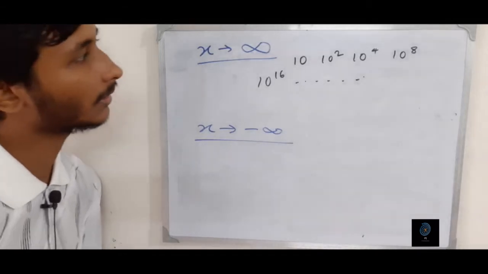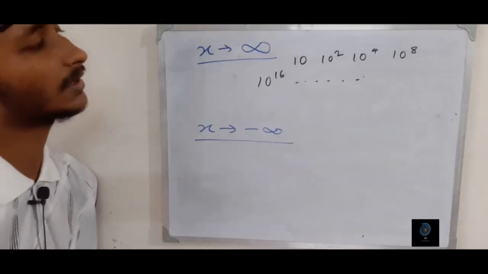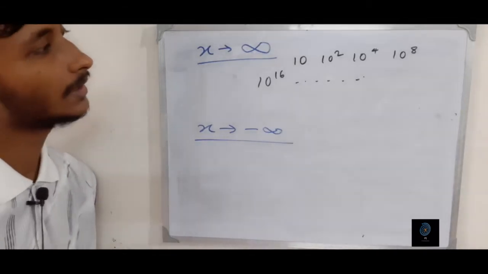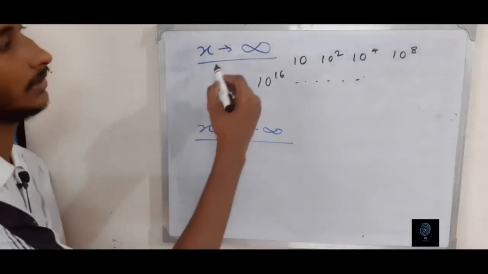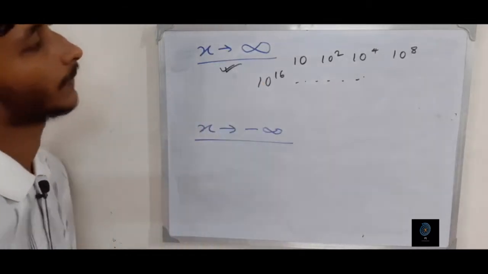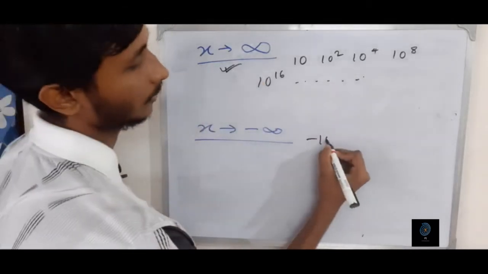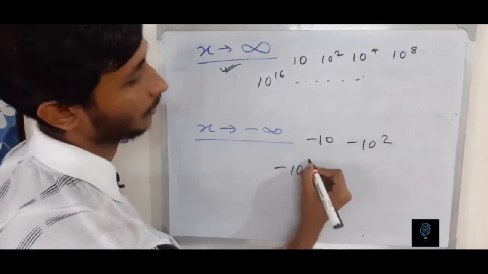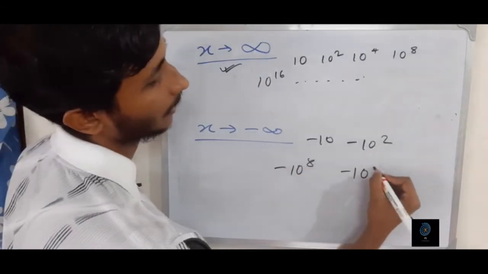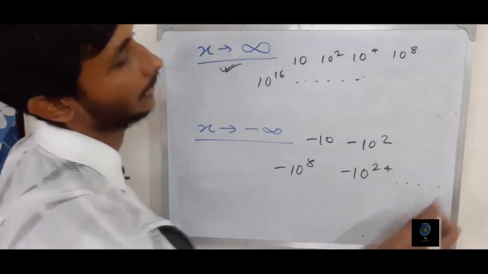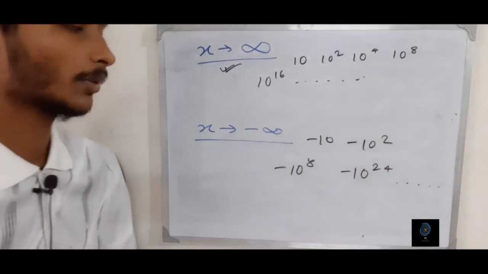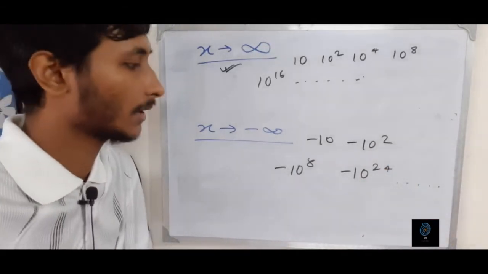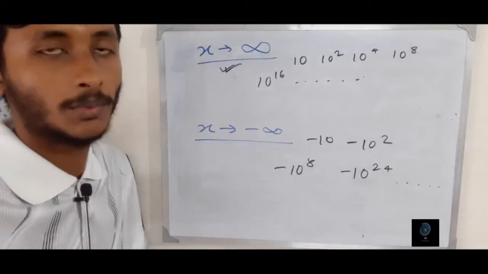So when x takes values larger than our imagination, or increases indefinitely, that is denoted by x tends to infinity. Similarly, if x takes values like -10, -10 square, -10 to the power 8, -10 to the power 24, and goes on decreasing like this, however small a number we can imagine, x can take a smaller value than that.